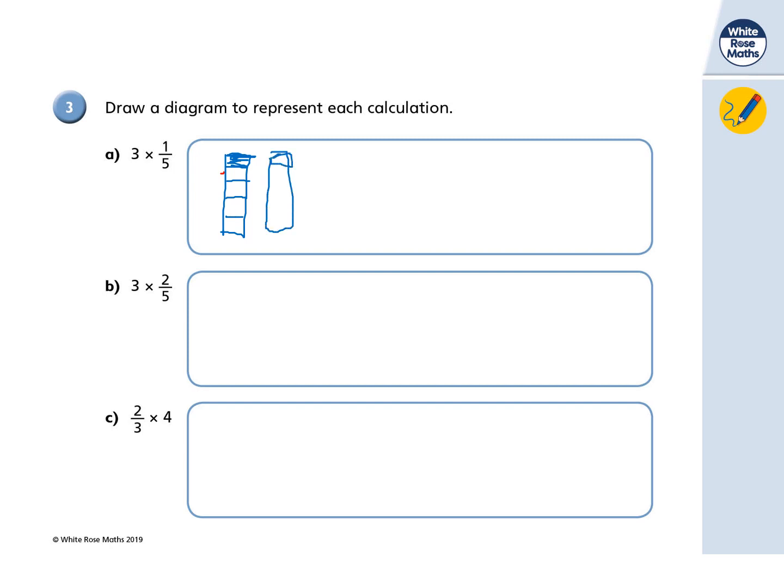Only one is colored, 1/5, and the rest is not colored. You shouldn't color the rest. Only the first piece of the blocks is colored, but not the rest. And this represents the diagram for 3 times 1/5. Good?